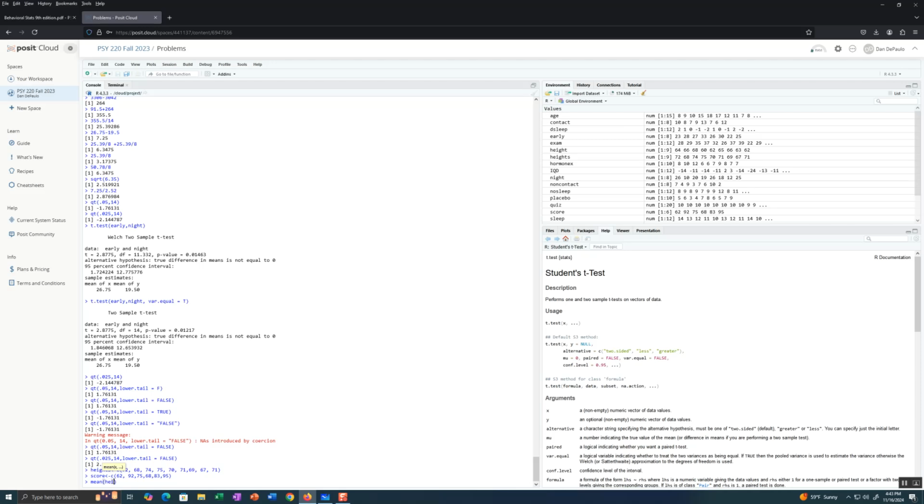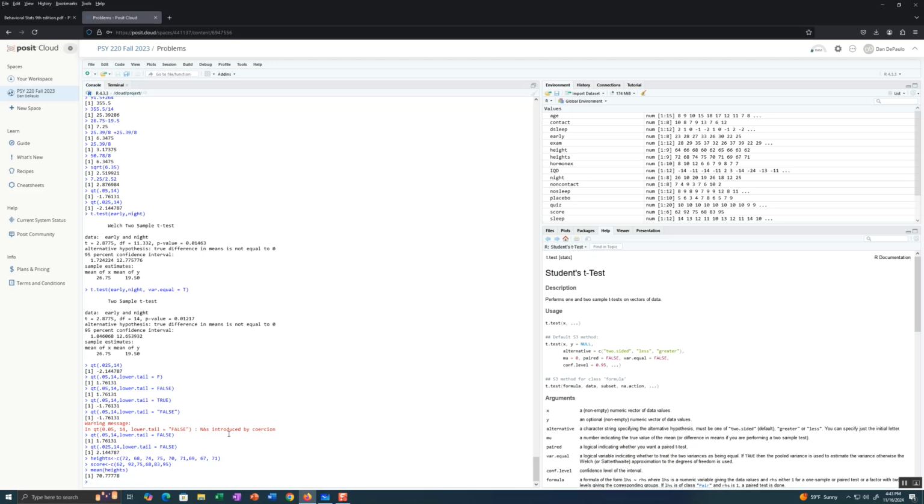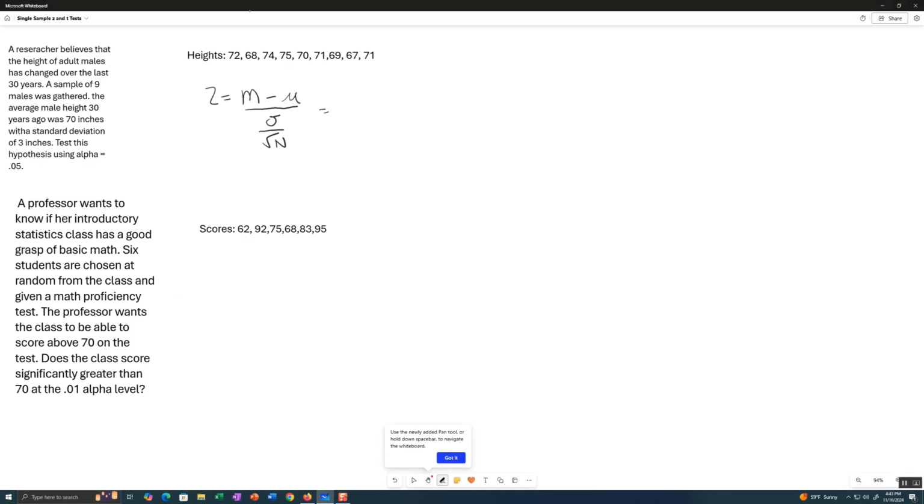So I find the mean of heights: 70.78. So the mean of that sample is 70.78. Mean of the population is 70.